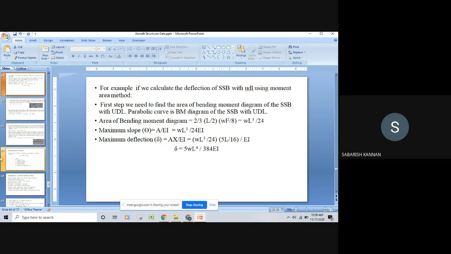So our maximum slope theta is the area divided by EI, so the value is WL cube divided by 24 EI. This is our maximum slope of a simply supported beam with UDL. You just see the formula over here.